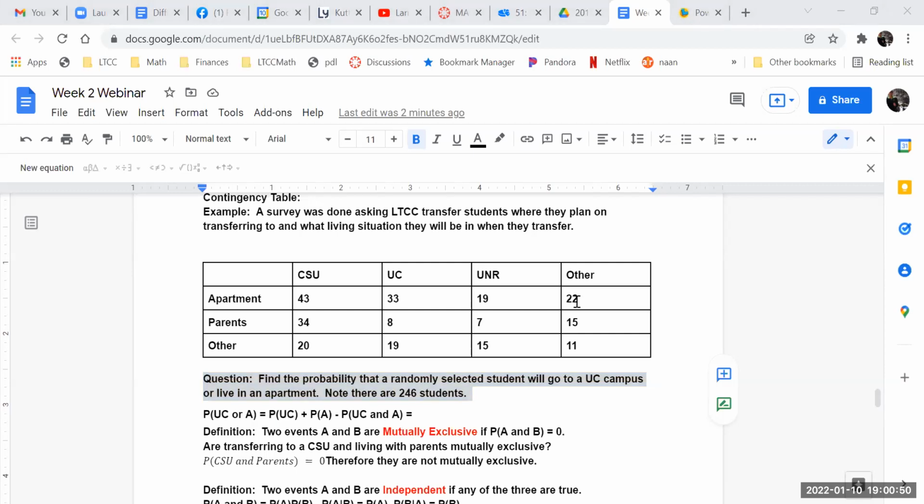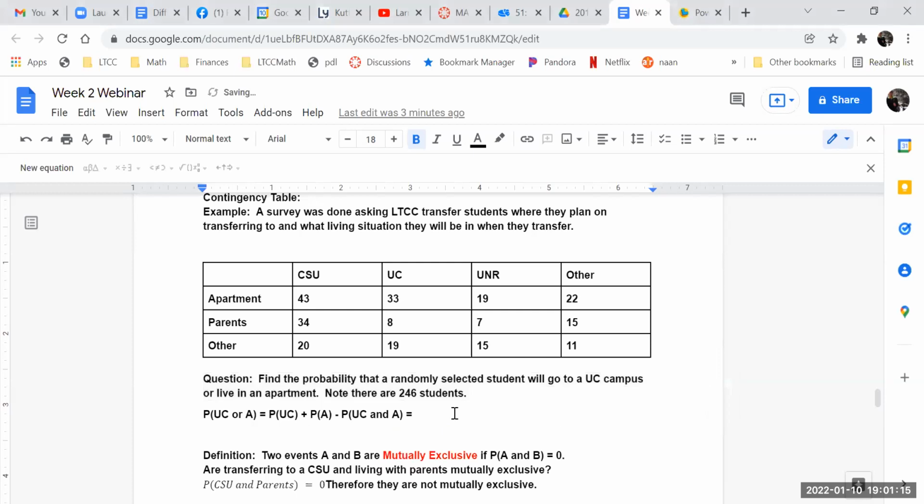If I didn't tell you that, how would you find how many students there were? It would take a while, but it's not hard. You just add up all the numbers: 43 plus 33 plus 19 plus 22 plus 34, etc., all the way to plus 11, and you get 246.